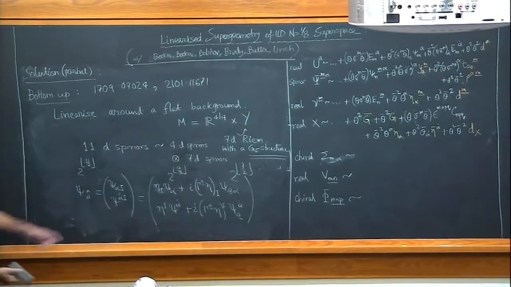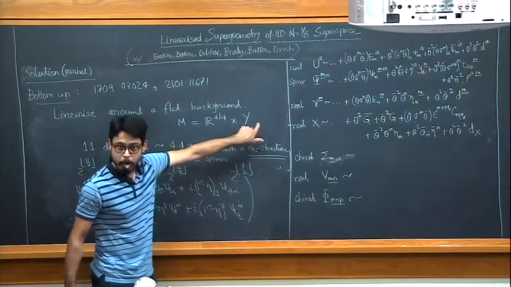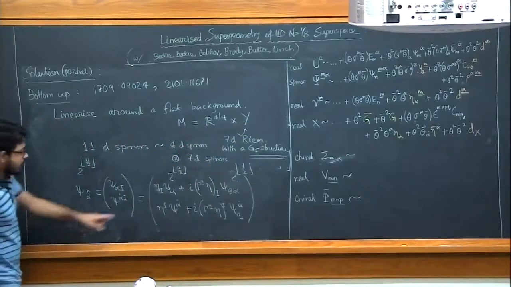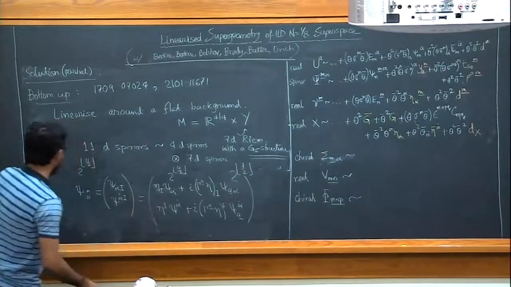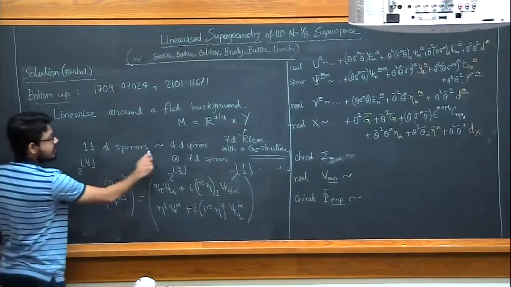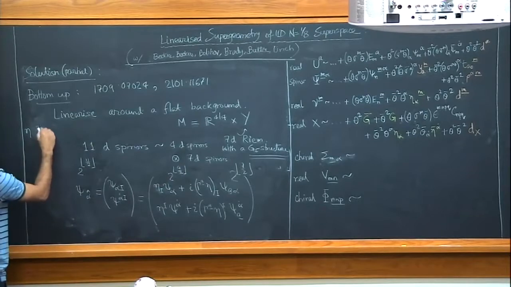So what are these underlying indices? These are the coordinates on the internal space. And what we have written down here is a basis, essentially. So the basis of 11D spinors that we are choosing has this form. Eta is the 7D spinor, and then we have a psi, which is a 4D spinor.